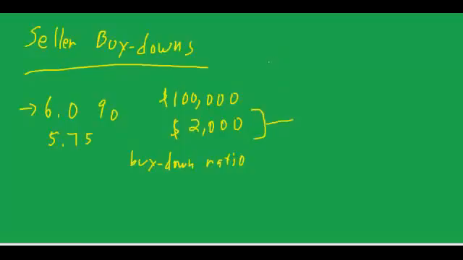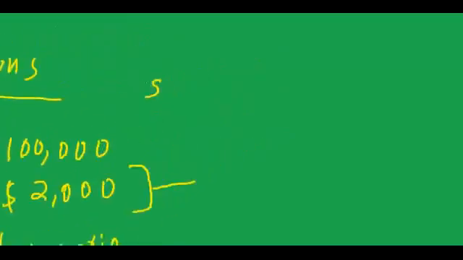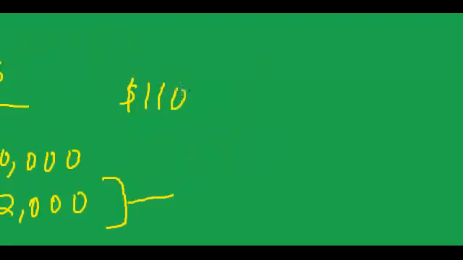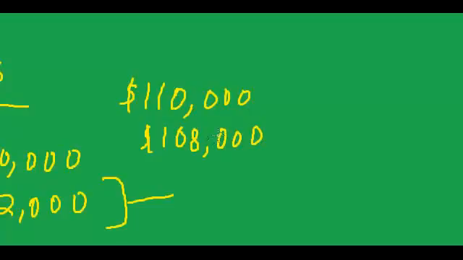So if you're a borrower and you buy a house and you pay $110,000, but you got a buy-down, what that means is, if you wanted to turn around and sell the house without in turn buying down the next seller's mortgage, you'd have to get only $108,000. So you start out having overpaid for the house.